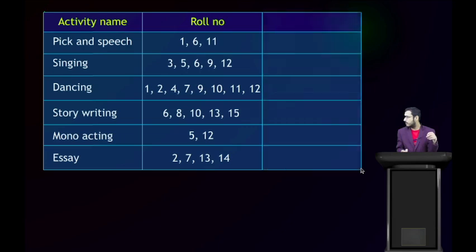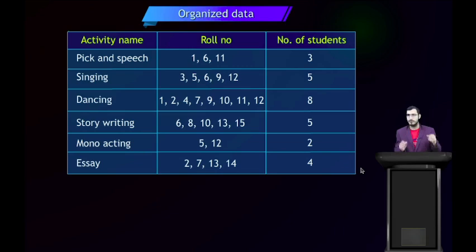In the third column we count the roll numbers. In pick and speech there are 3, so we write 3 as the number of students. Singing has 5 students. Dancing has 8 students. Story writing has 5. Mono acting has 2, and essay 4.